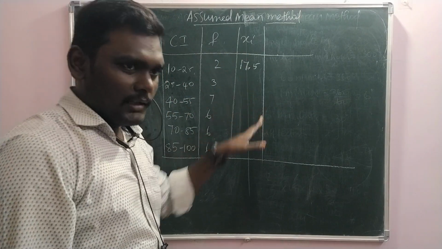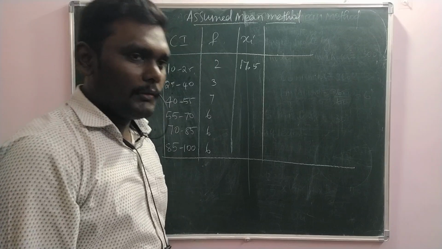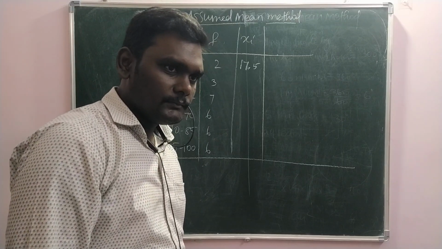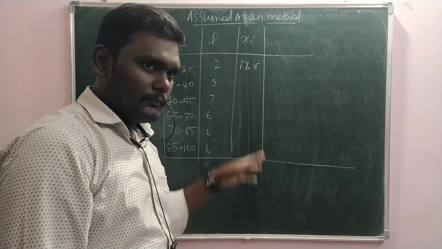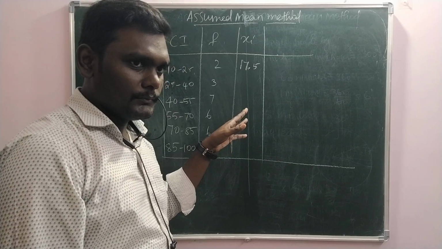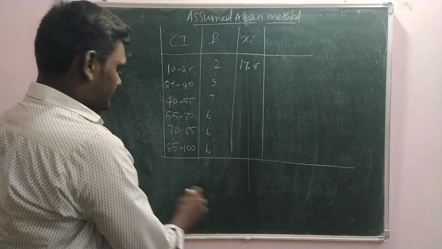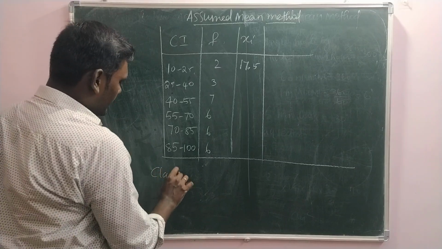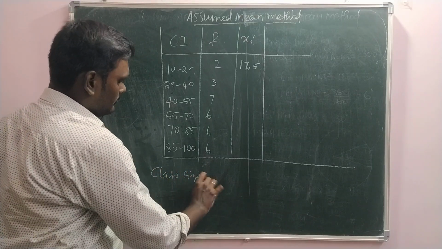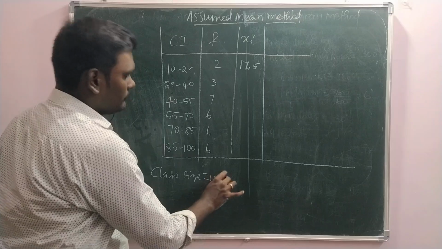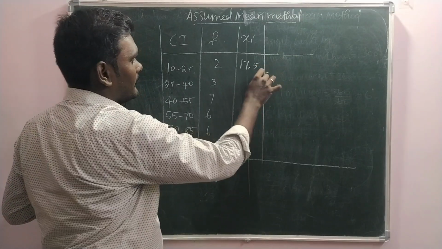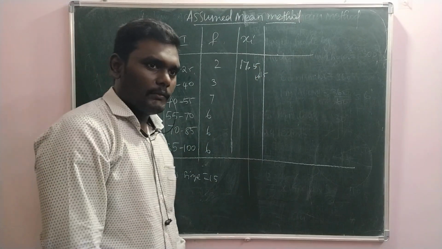After this, we don't really have to find the class mark. Instead of that, what can we do? We take the class size. What is the class size? Which is 15. Add the class size, plus 15.